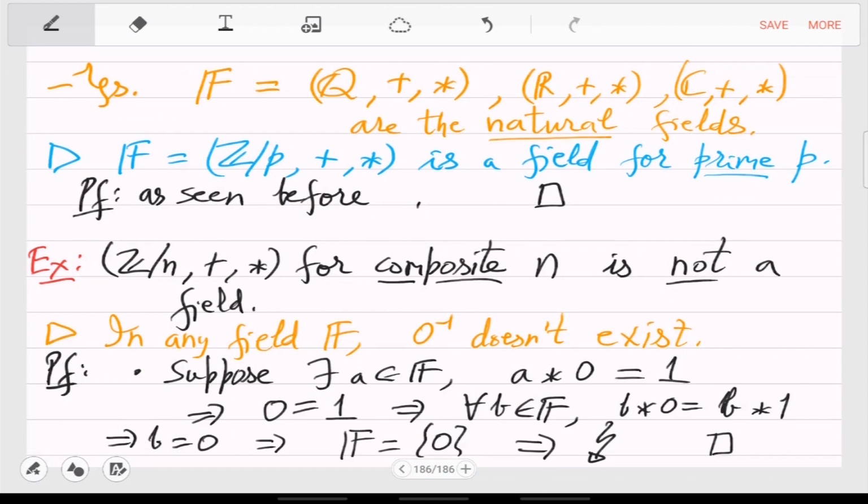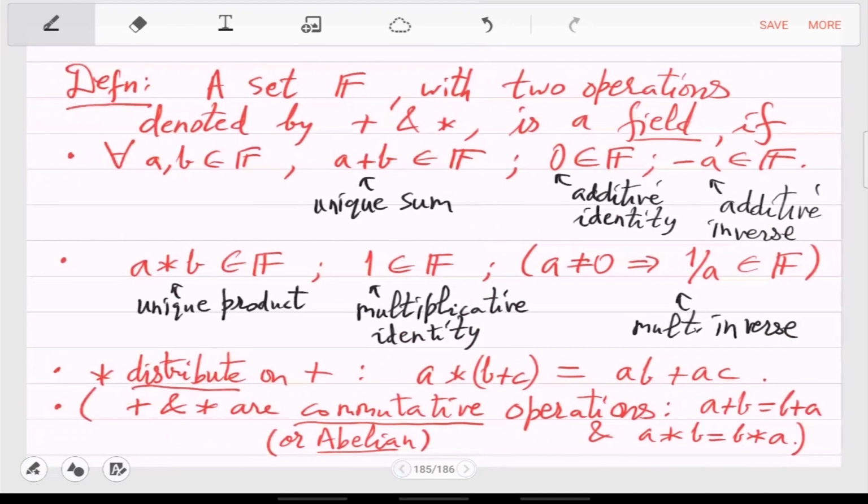A times 0 is, yes, that's a good point. So you are good with axiomatic proofs then. How can I say that A times 0 is 0? This is not anywhere in the axioms.